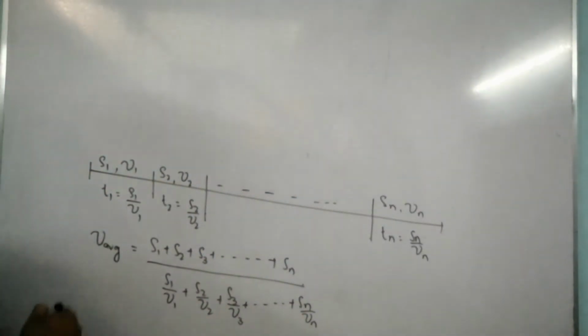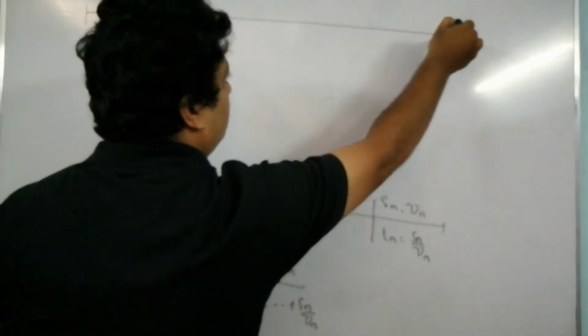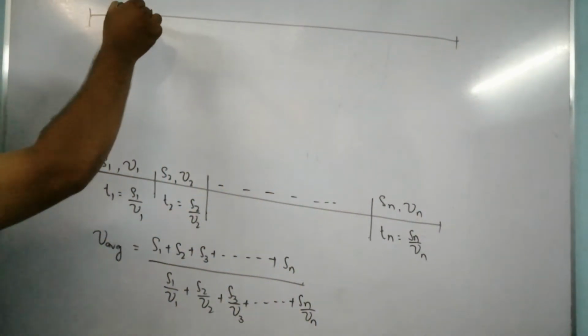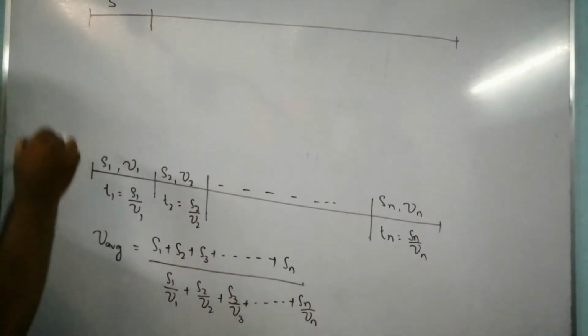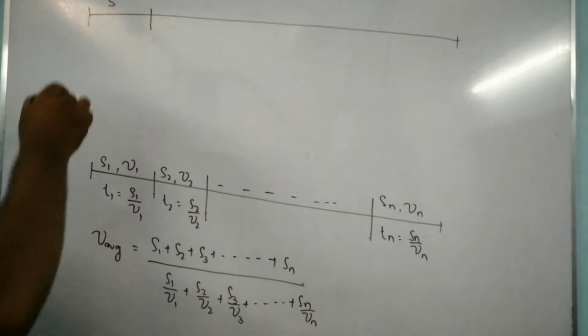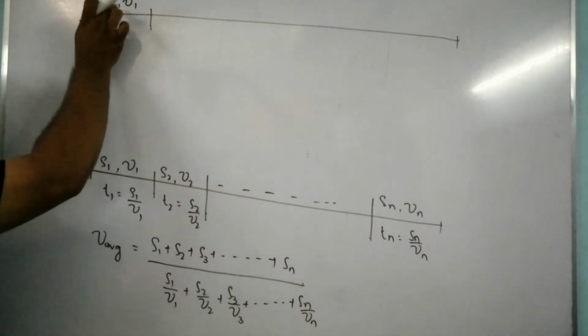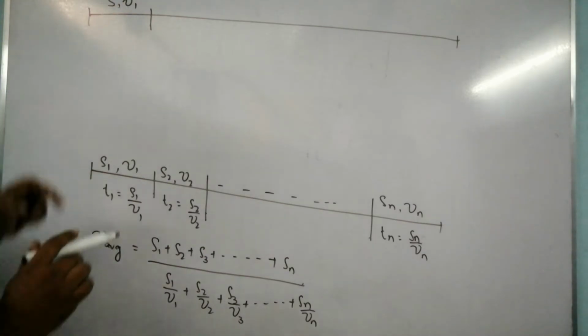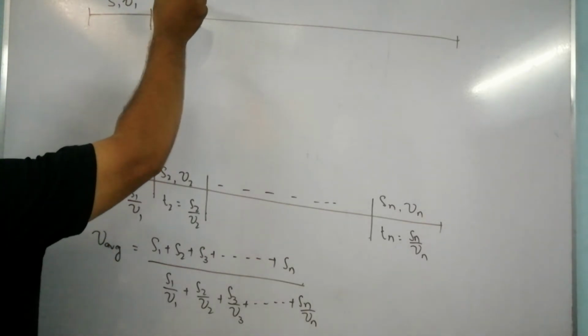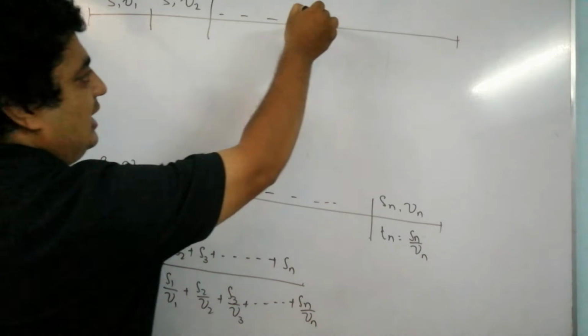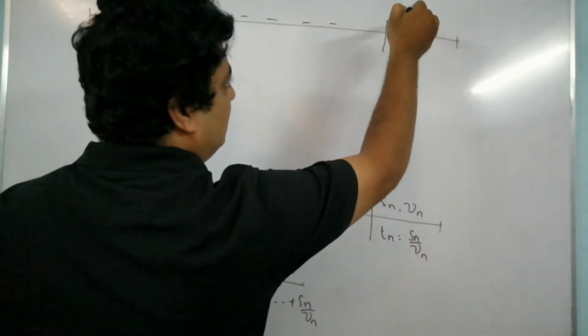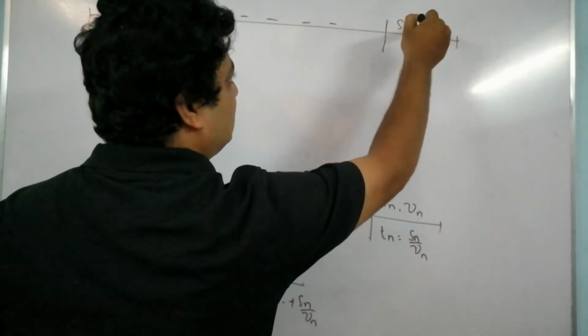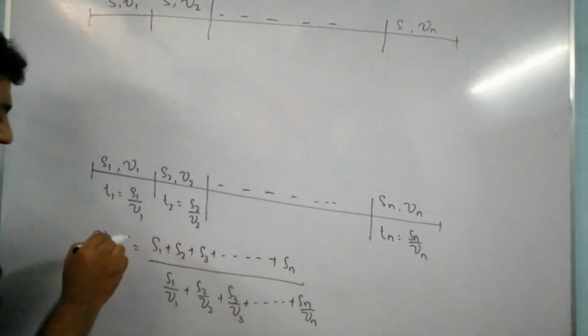Now consider the particle covers equal distances with different speeds. So the first distance it moves with a speed v1, the next distance with a speed v2, like that the nth distance with a speed vn.